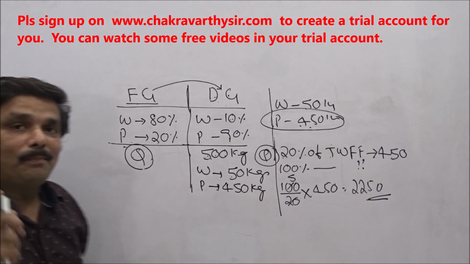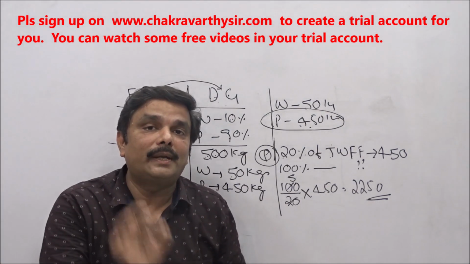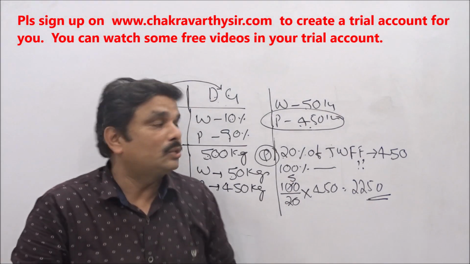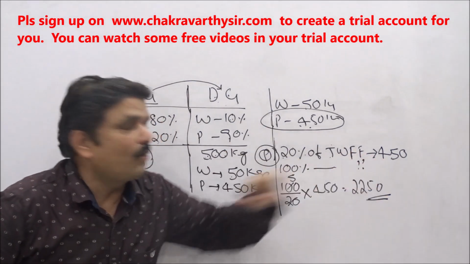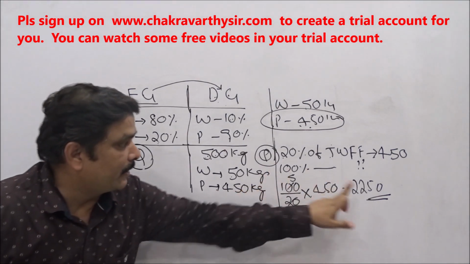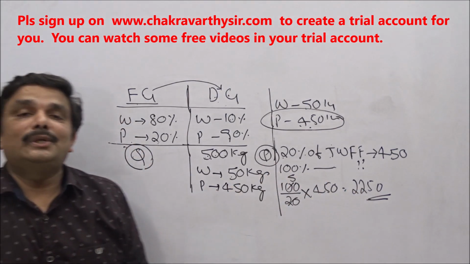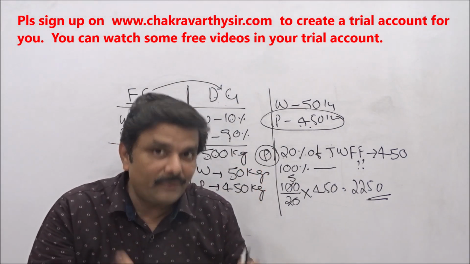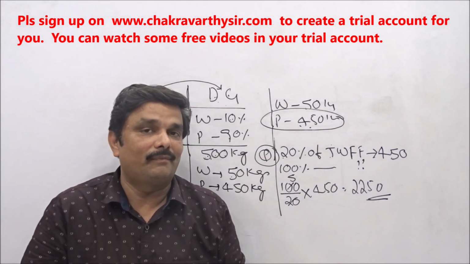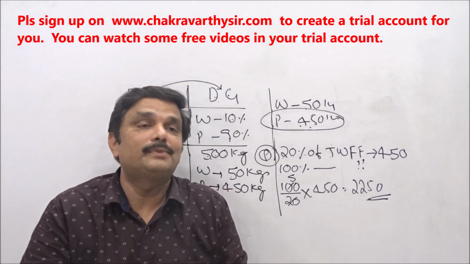One very important thing is that pulp quantity will not be changed. So even when it was fresh, 20% is equal to 450. Then 100% is how much? 2250 kgs was the weight of the fresh fruit, the fresh grapes they have given.